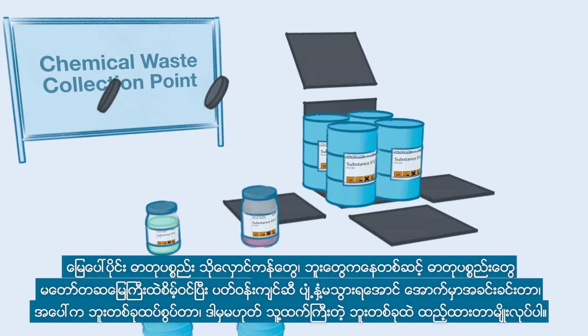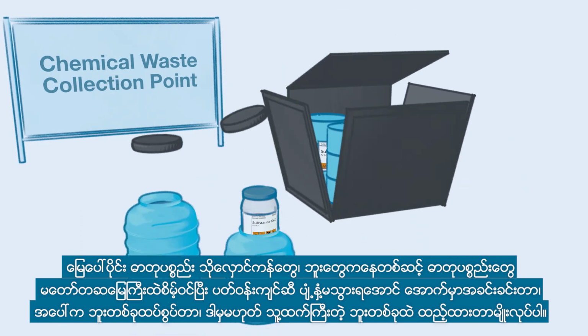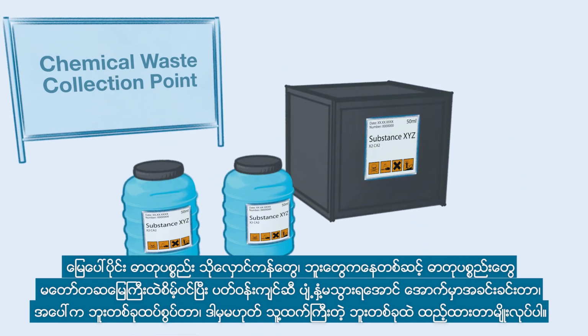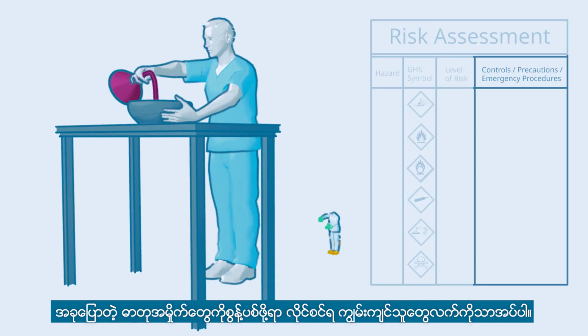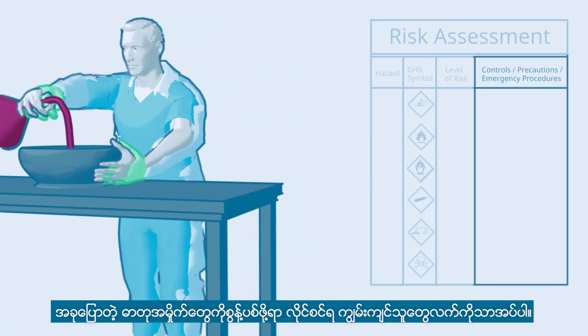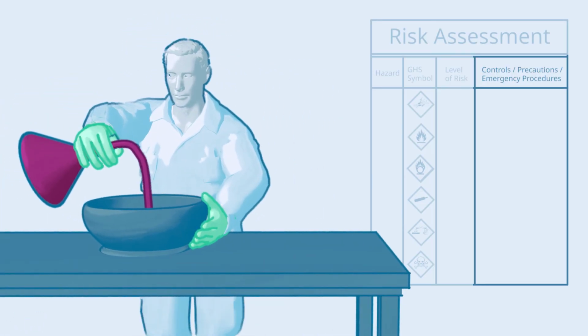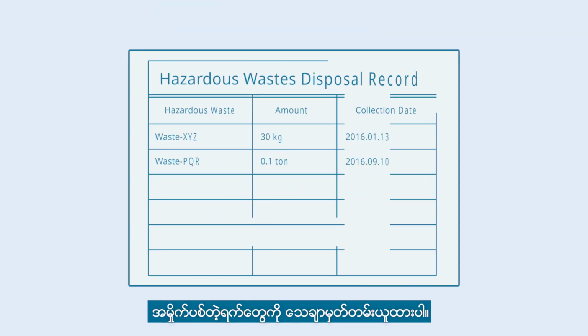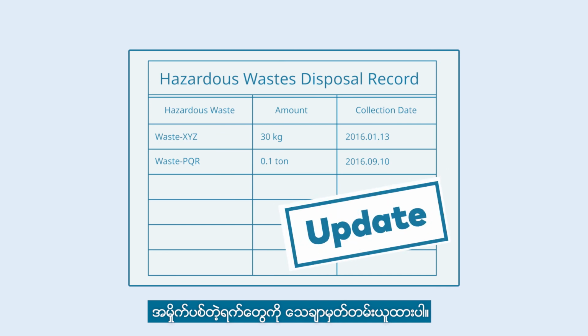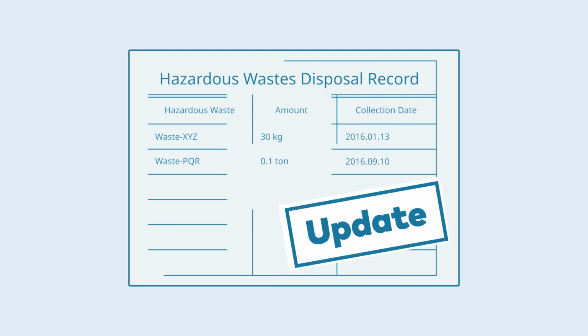Secondary containment should be provided for all above-ground storage tanks and other hazardous material containers in order to minimize the chance of hazardous chemicals to leach into the environment. Be sure to use licensed waste collectors for these hazardous wastes. Factories must provide physical, chemical, and environmental hazard information to their qualified waste transporters and the final waste disposal facility. Do not forget to regularly update your waste disposal records.